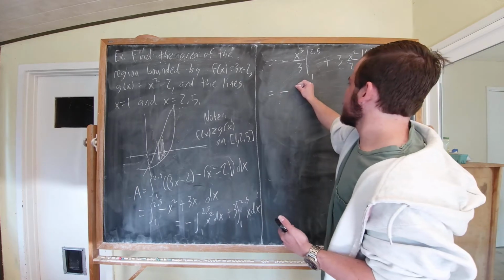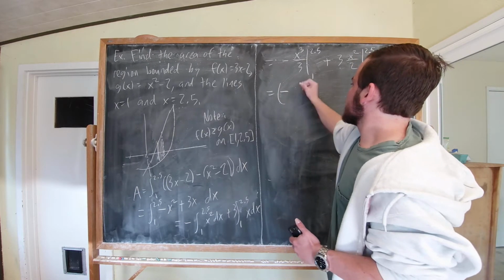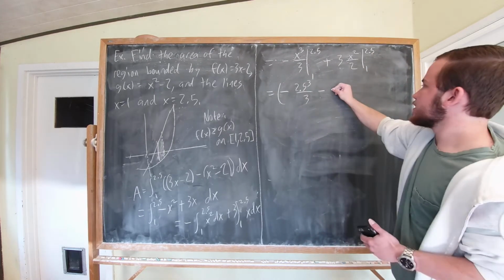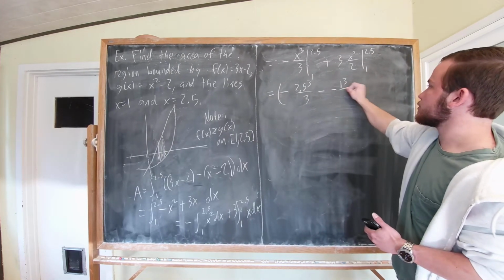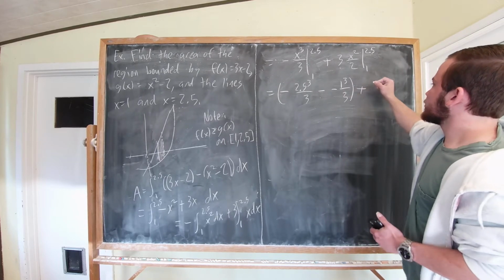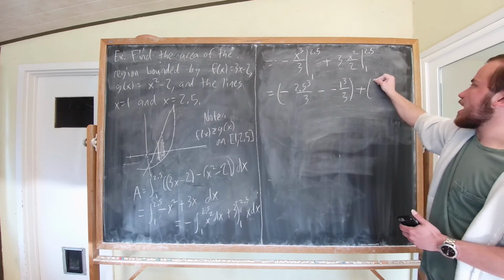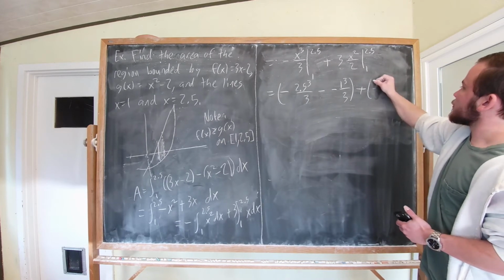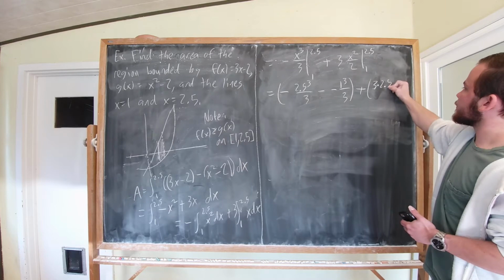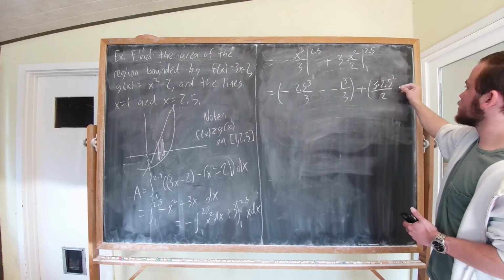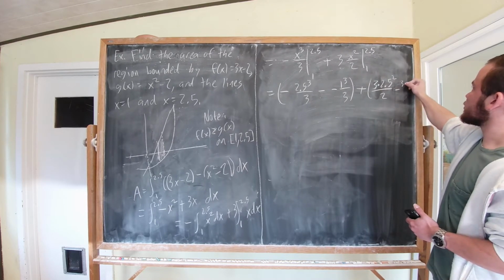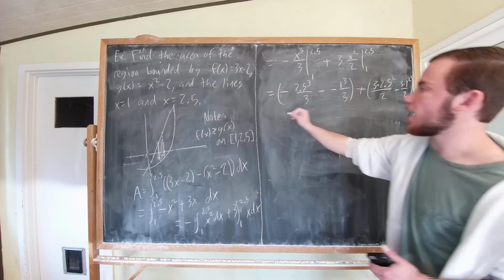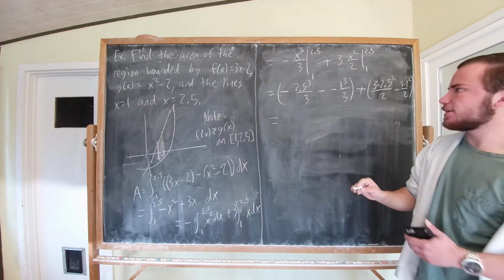So we'd have negative 2.5 cubed over 3 minus negative 1 cubed over 3, plus 3 times 2.5 squared over 2 minus 3 times 1 squared over 2. That's just the setup from the notation.